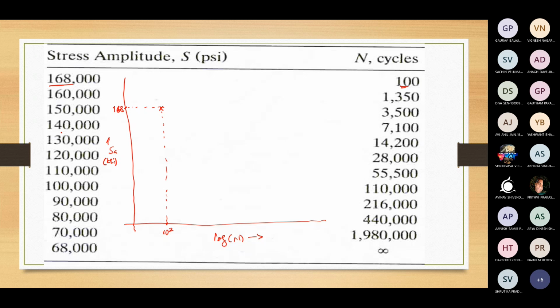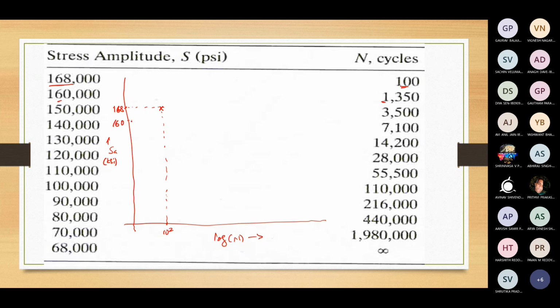Similarly, you can plot all other points to get the corresponding curve. If somewhere I want to get 10 to the power 3 cycles, 1000 cycles, approximately this 160. So as per scale when you mark, you will get the right value.